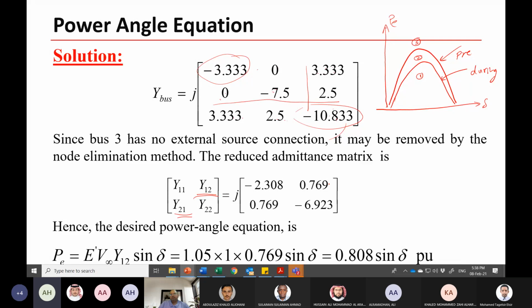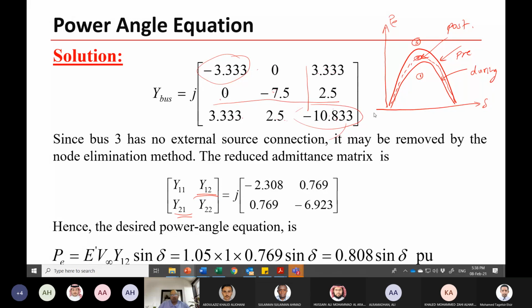It will be in region 2. In region 2. So we expect that post-fault, the power angle curve will be as such. This is the post-fault, definitely lower than the pre-fault.